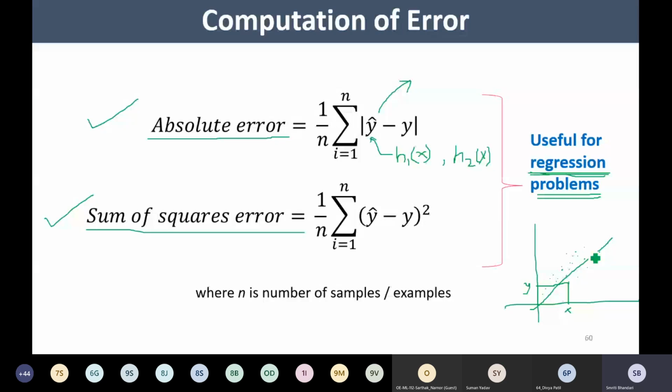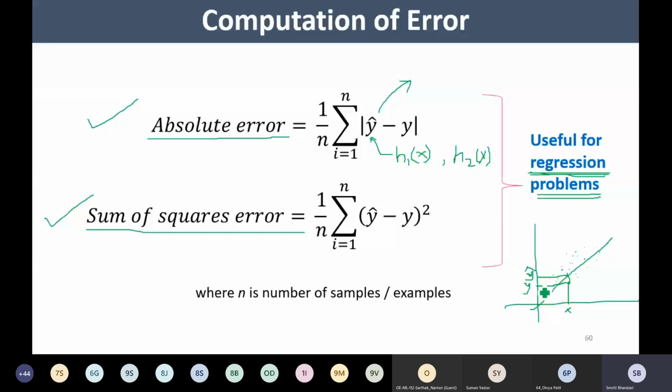But if I have this hypothesis, then my predicted value is actually different based on this hypothesis. And what is that predicted value? See here, for this x, this line will provide me this y hat. So this is my predicted value and this is my actual value.